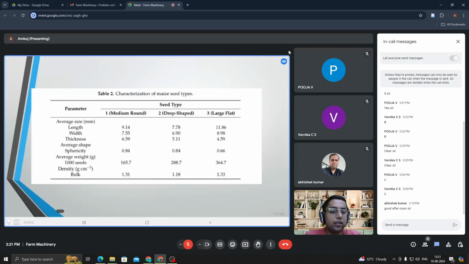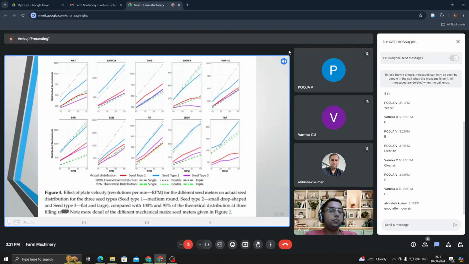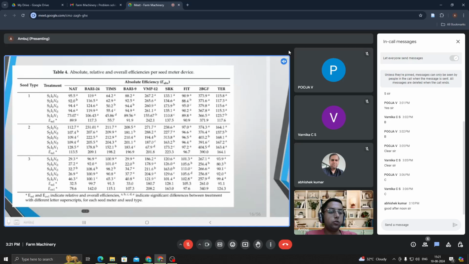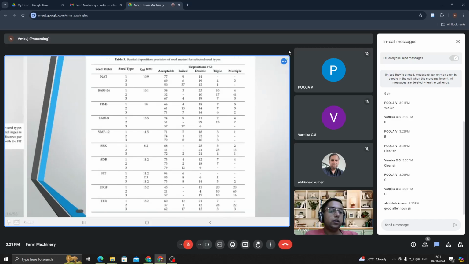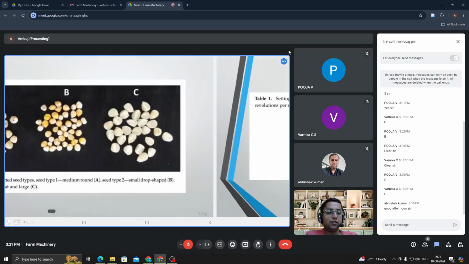Here you can see RPM, angle, and the number of seed cells. These things are important in a seed metering mechanism. Clear? If it is clear, please tell me, and if you want explanation for any particular attribute, tell me. Otherwise, we will move forward.